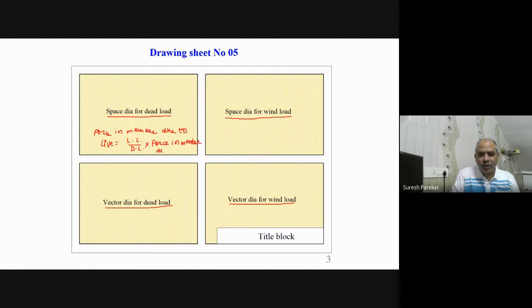It means we are going to multiply force in member due to dead load by the ratio of live load upon dead load. And from this directly we will get the value of force in member due to live load, and therefore we need not draw space and vector diagram for live load.